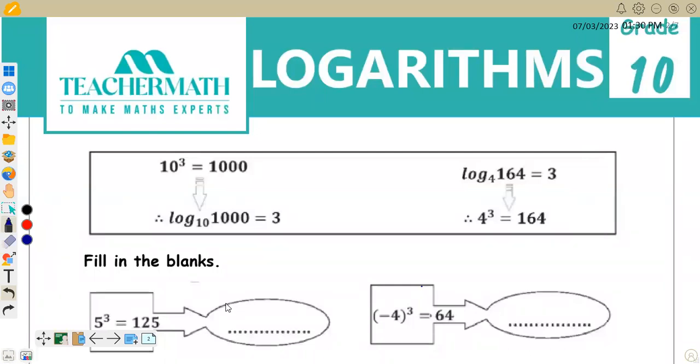Okay, today we are going to discuss logarithms of grade 10.